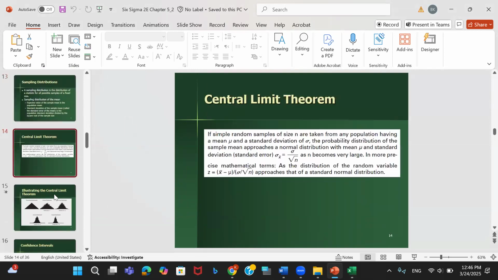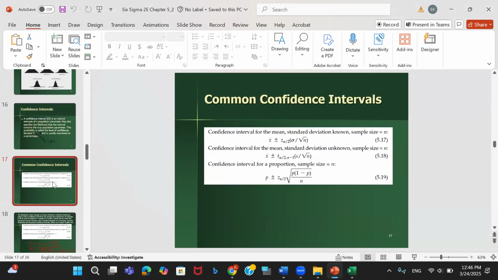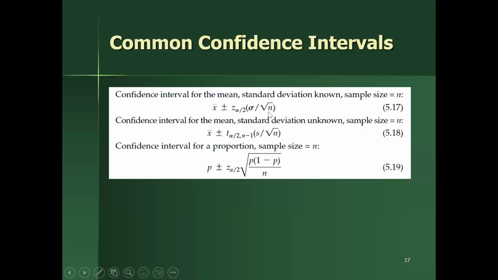One thing I need to discuss from chapter 5 is the confidence interval, which is the CI. So confidence interval for the mean. That's what we are covering in chapter 5, confidence interval for the mean. When you are asked to find the confidence interval for the mean with a specific sample size, we are using equation 5.17.